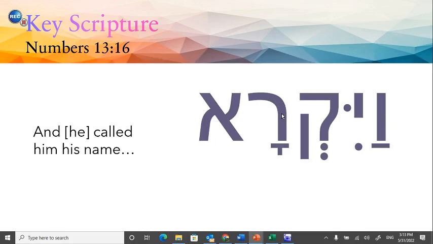Then you have the Resh and the Kamatz, Ra, Vayikra. We know that the Shva under the Kaf means that you're going to break the syllable right there in the middle. This Va with the Patach just means "and."